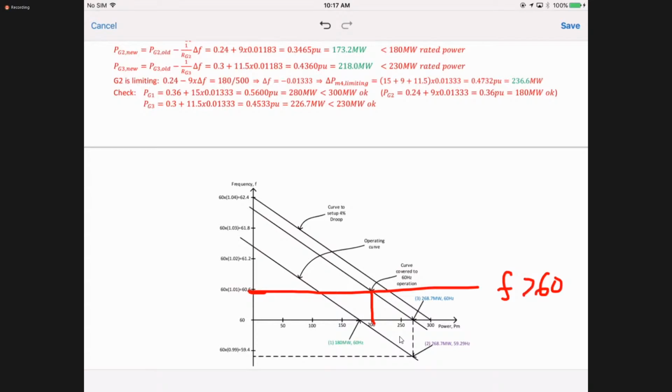It operates there until ISO says, okay, let's readjust it. And you readjust it. Now at 200, you readjust back to 60 hertz. So this is how it operates, because the load increase or decrease is random, so we cannot adjust it continuously.